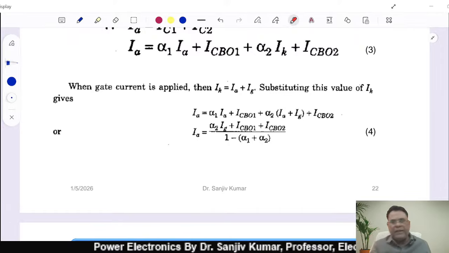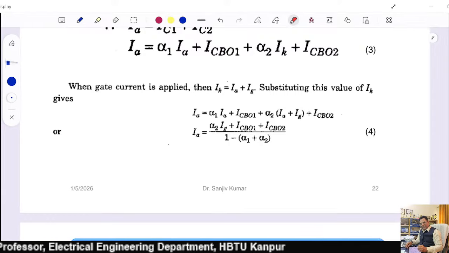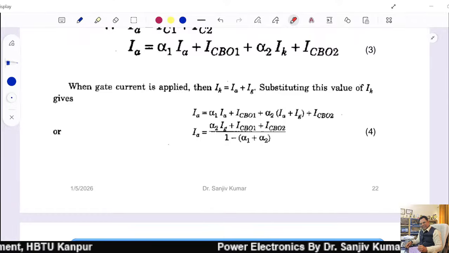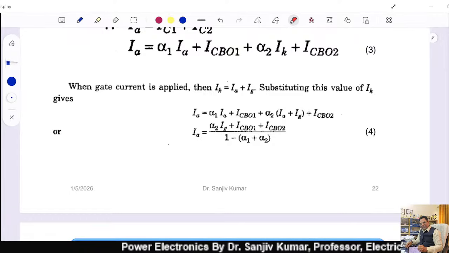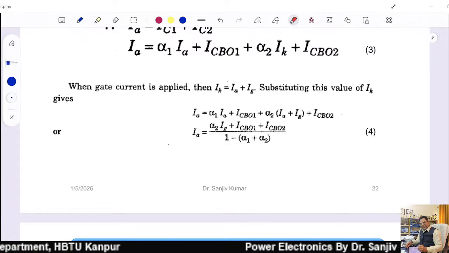So infinite means your thyristor gets turned on. So when gate current is 0, alpha 1 plus alpha 2 is very small, right? And it is almost equal to ICBO1 plus ICBO2.